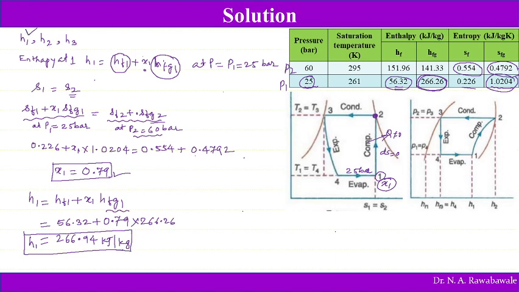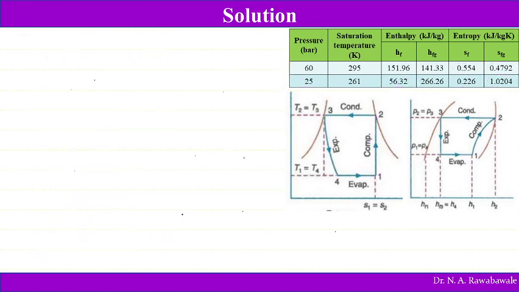So now we want to find out H2. To find out enthalpy at point 2, we can write it as HF2 plus HFG2. So HF2 at pressure P2 equal to 60 bar, we can take from the properties table.